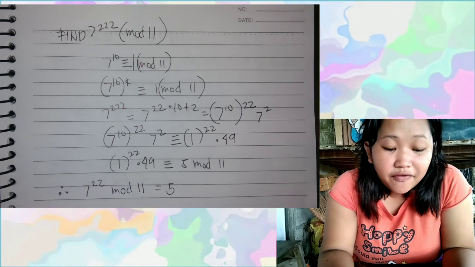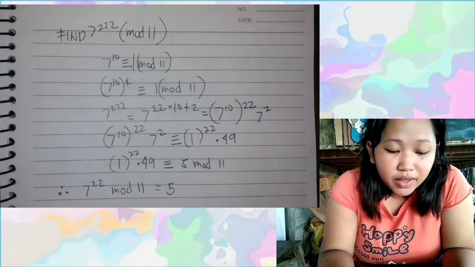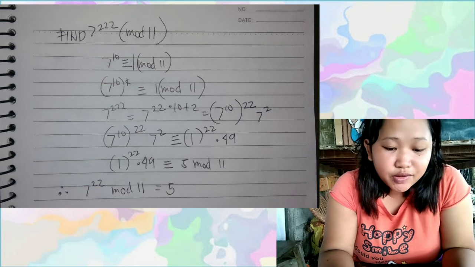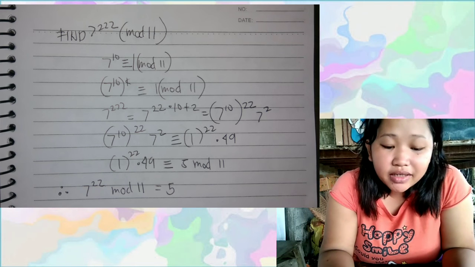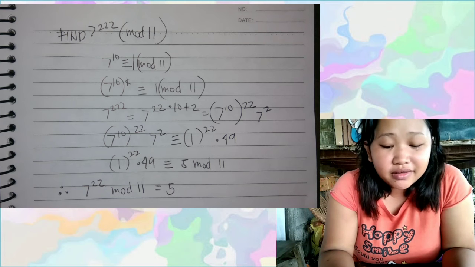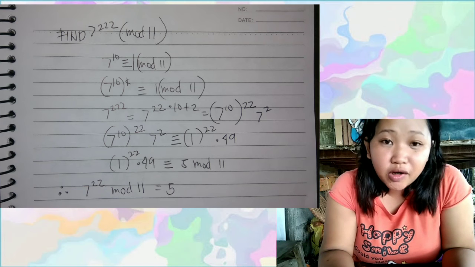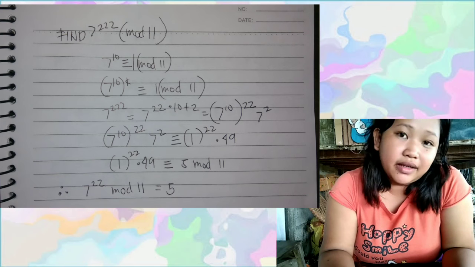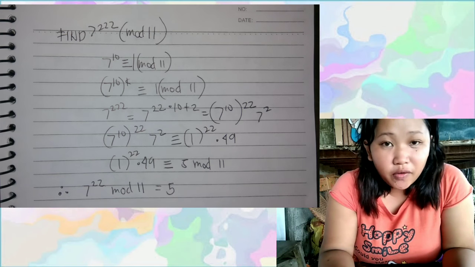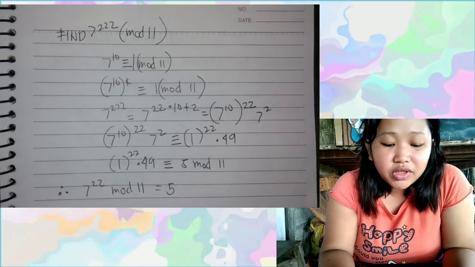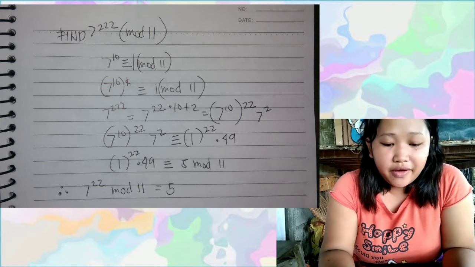Therefore, 7 raised to 222 is equal to 7 raised to 22 times 10 plus 2, which is equal to 7 raised to 10 raised to 22 times 7 raised to 2, congruent with 1 raised to 22 times 49, which is also congruent to 5 modulo 11. Hence, 7 raised to 222 modulo 11 is equal to 5.